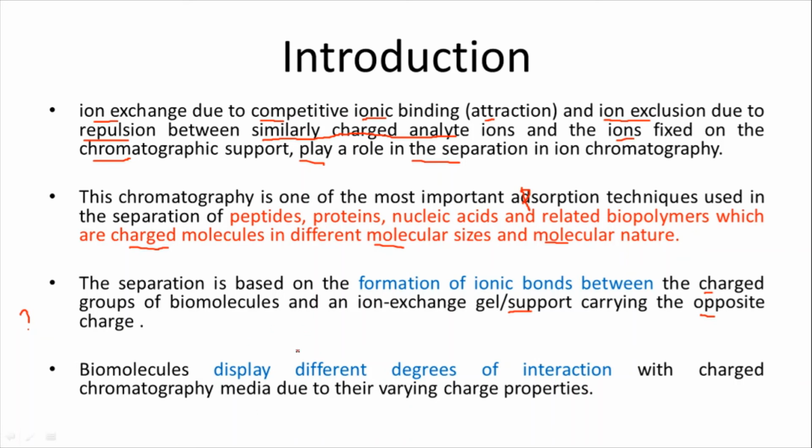So this chromatography is more advantageous. Biomolecules display different degrees of interaction. How do they exhibit different degrees of interaction? They interact with the supporting media based on how the molecules are composed, or on the charge of the molecule.